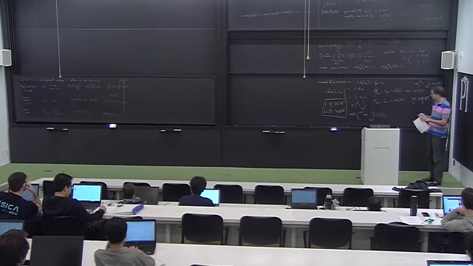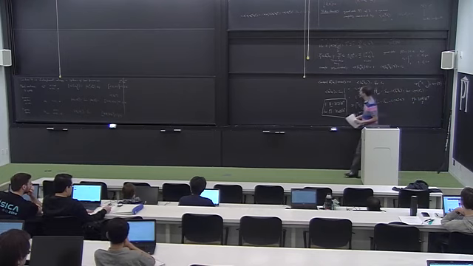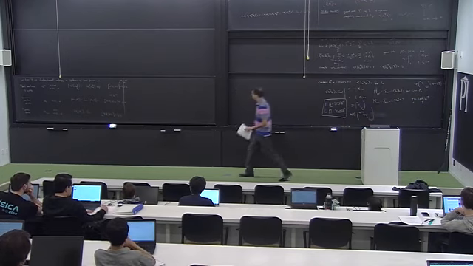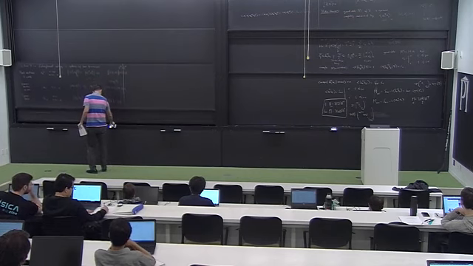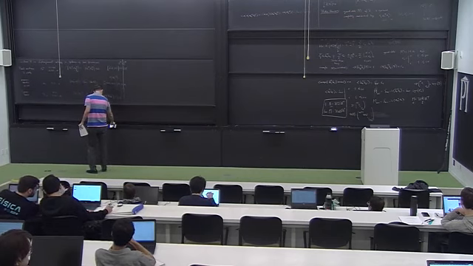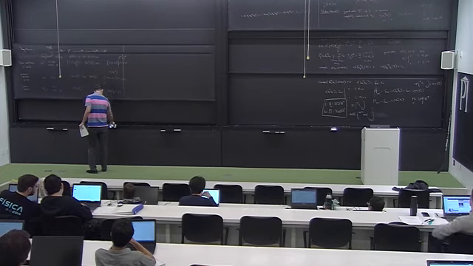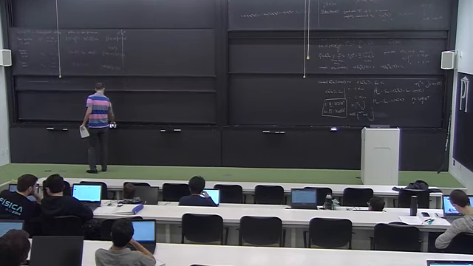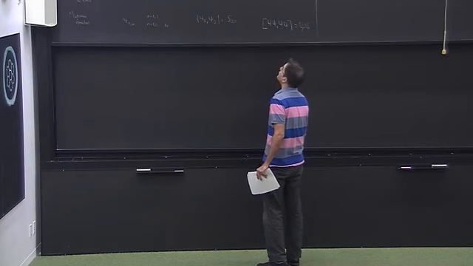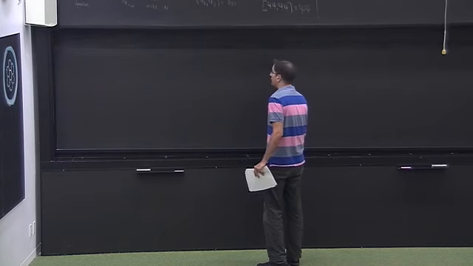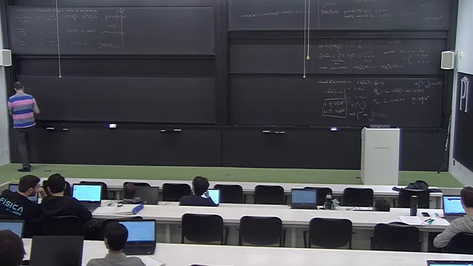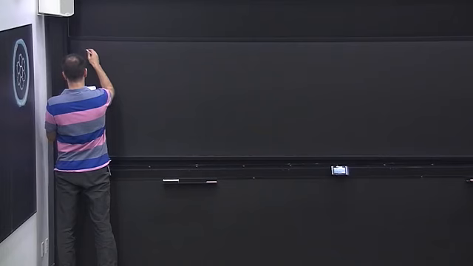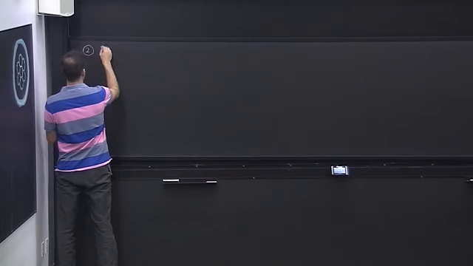Okay, so reduced density matrices. Actually, that part is very easy. So, 2. How do we compute the reduced density matrix?